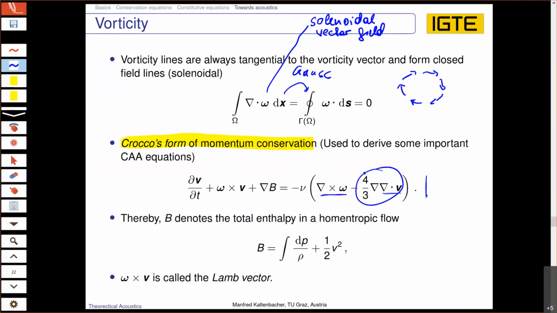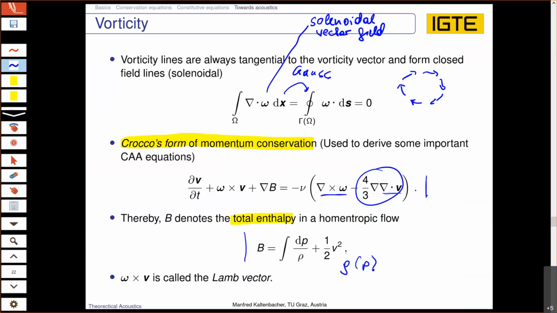In addition, we have introduced here this relation, and this relation gives you the so-called total enthalpy. So capital P is the total enthalpy, and you see it is a part where you integrate the density, which has any relation, but the density will be any function of the pressure, which means you then can integrate this term over the pressure.